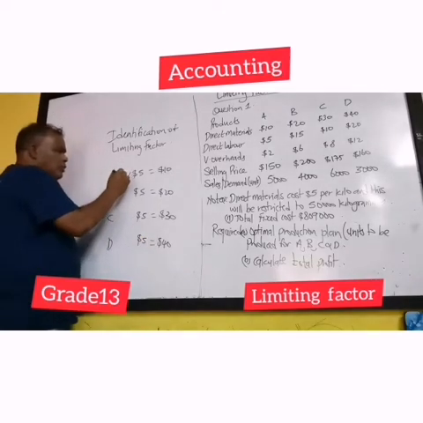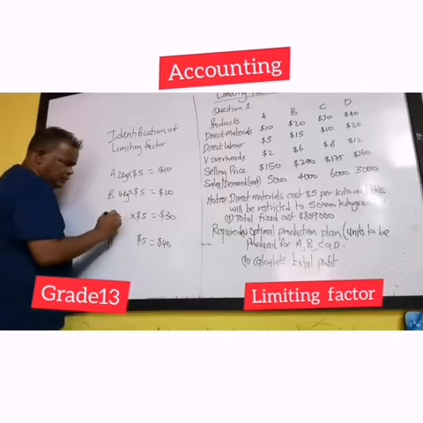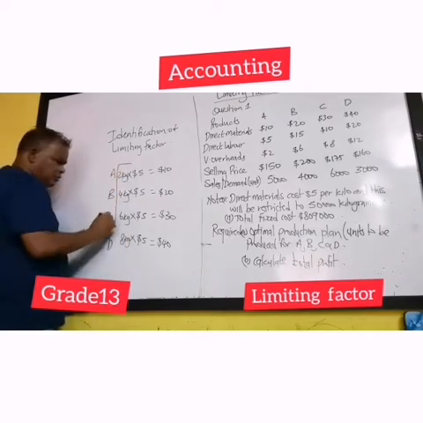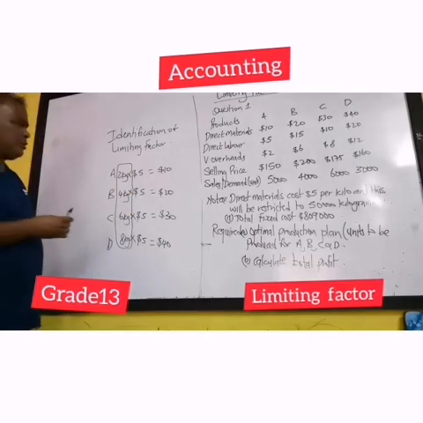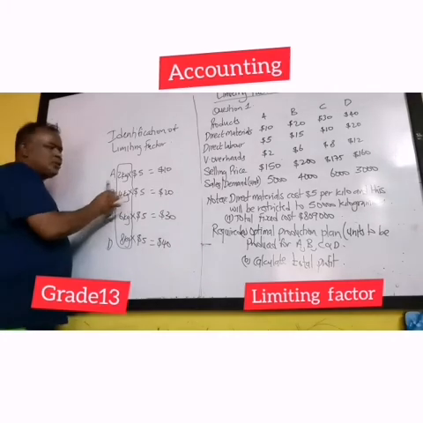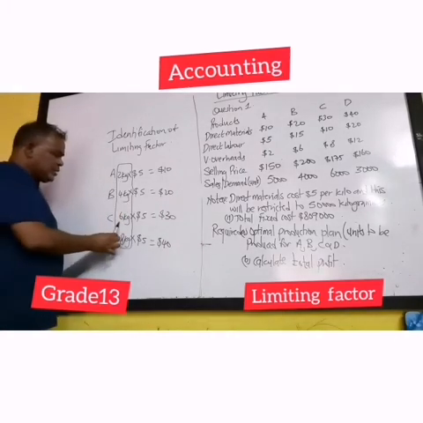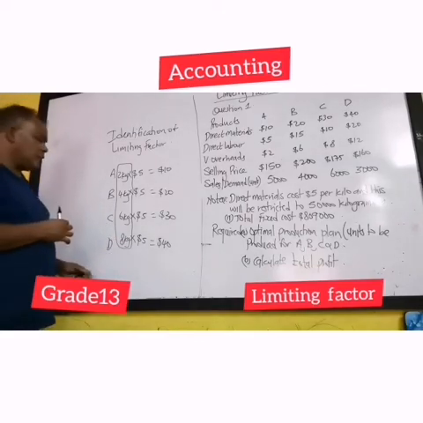So how many kilos do we have for this one? 2 kilograms. This one, 4 kilograms. And this one, 6 kilograms. And this one, 8 kilograms. So this is an identification of limiting factor. We need 2 kilograms to produce product A, 4 kilograms to produce product B, 6 kilograms to produce product C, and 8 kilograms to produce product D.